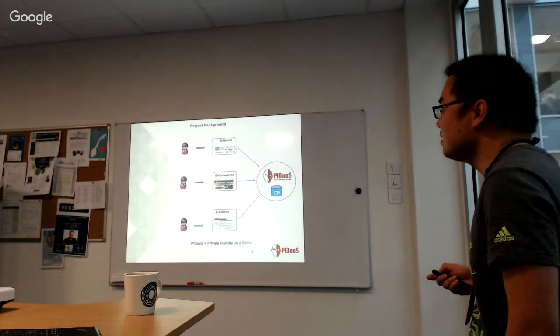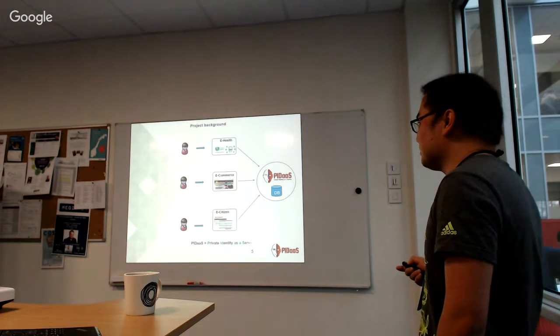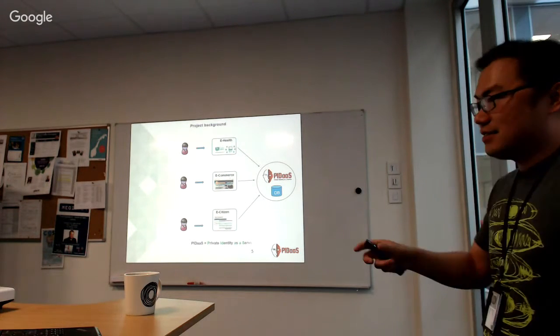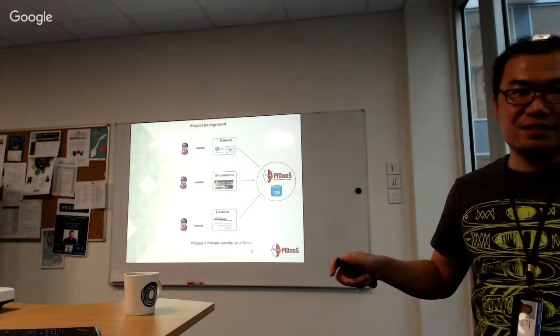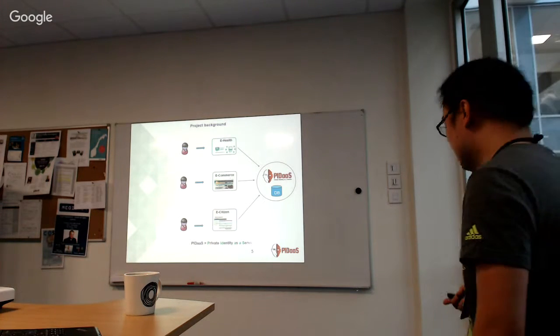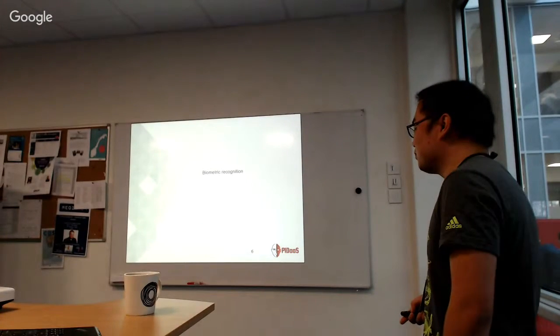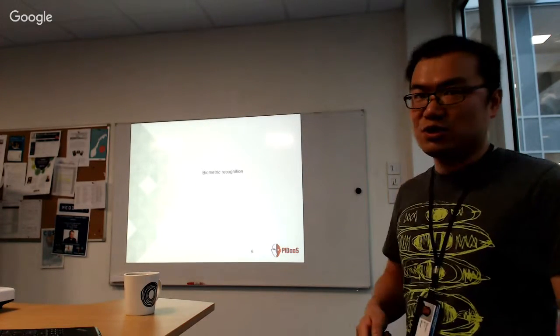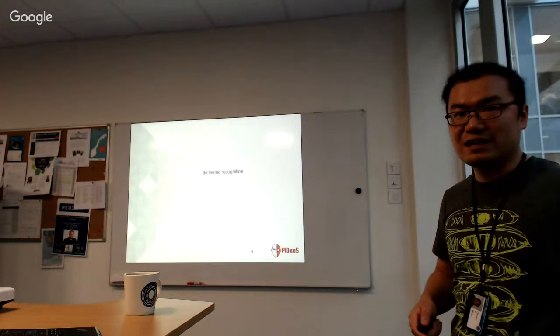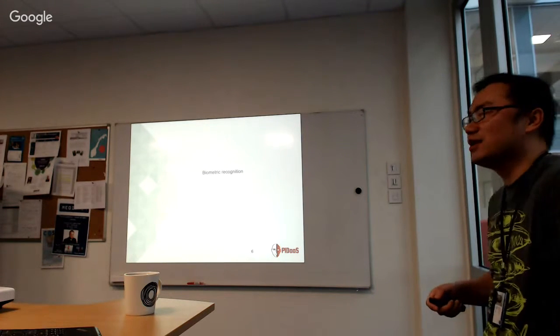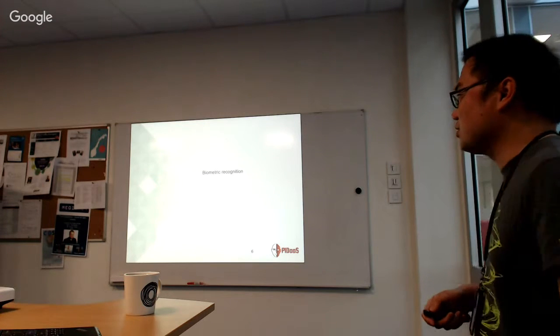Especially as all of these partners are distributed and located in different member states in Europe. So before talking about the privacy enhancement techniques, we have to know a little bit about the biometric recognition system.